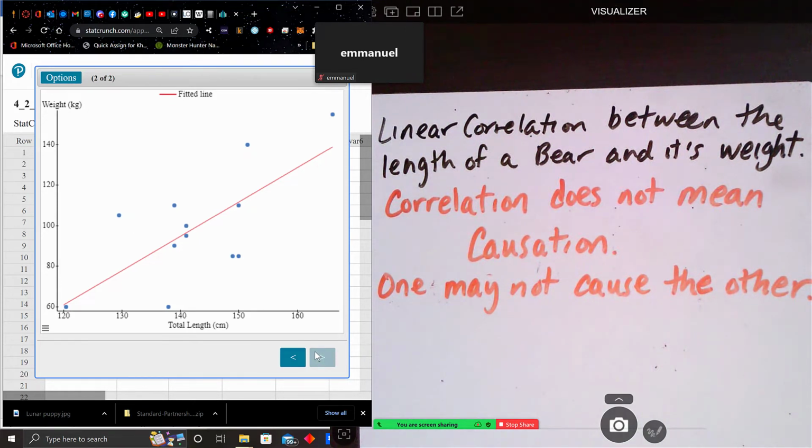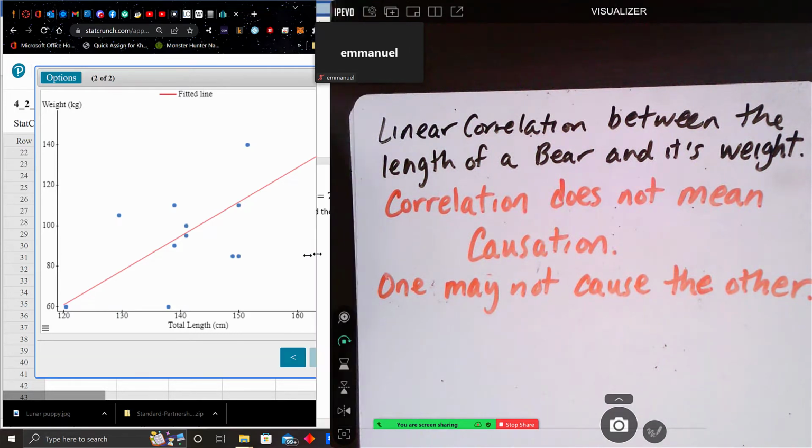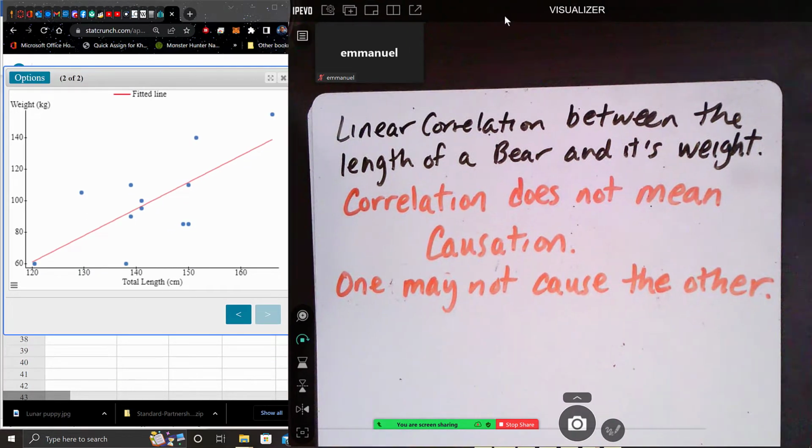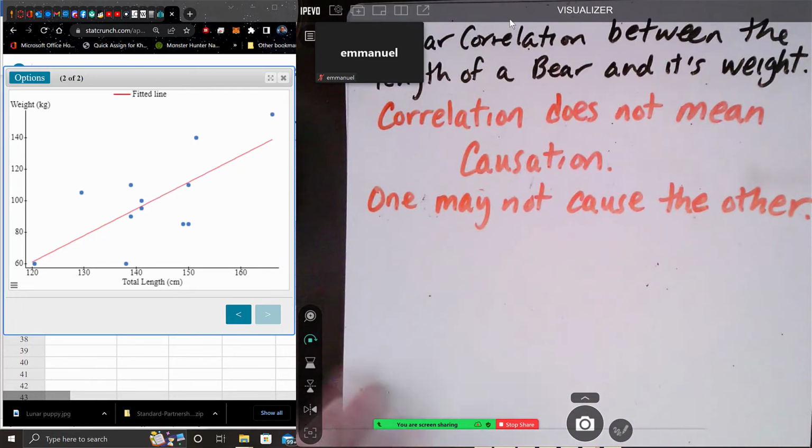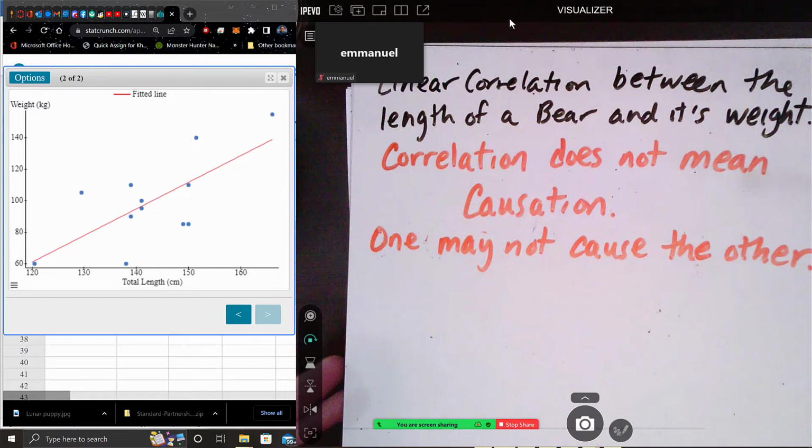Okay. Something else to take a note of. This graph did something terrible. See how the graph starts at 60 and 120?